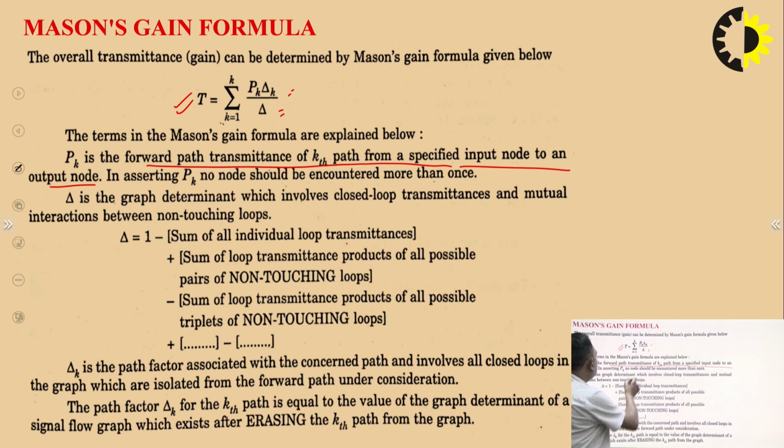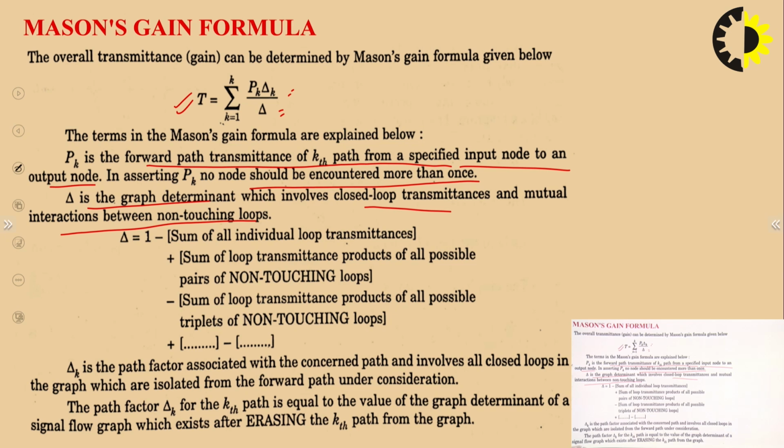In asserting Pk, no node should be encountered more than once. So again it is the same thing when we are finding P1, P2, P3: we are not encountering any node more than once. And delta is basically the graph determinant, which involves closed loop transmittance and mutual interaction between non-touching loops.